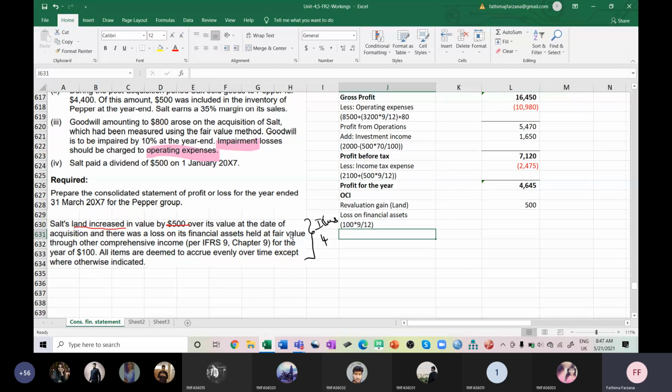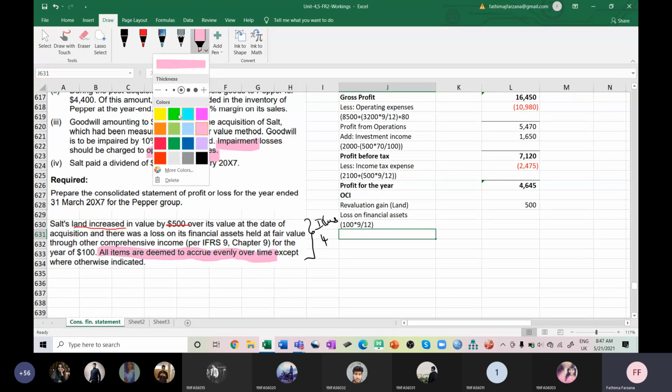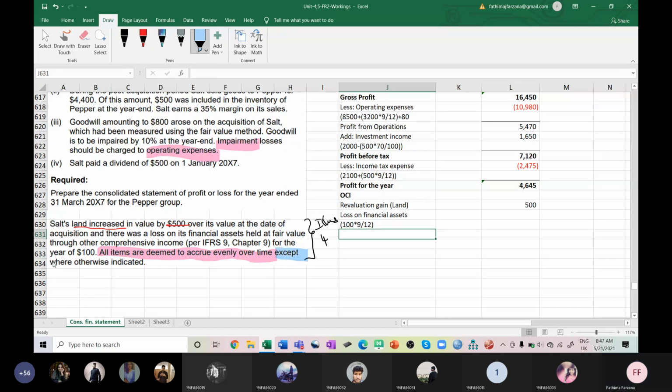This part here is very important. All items are deemed to be assumed to accrue evenly over time. Except, that is also very essential, except where otherwise indicated. So for land, it is mentioned at the date of acquisition.